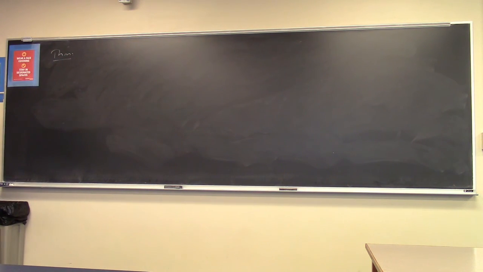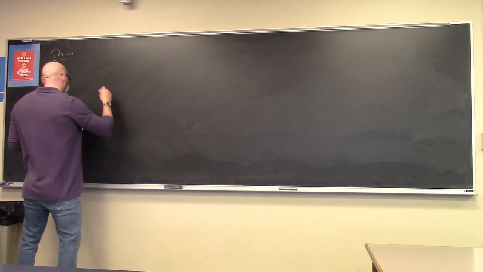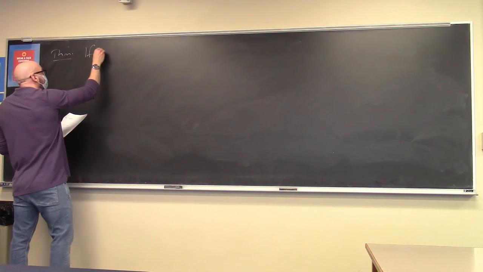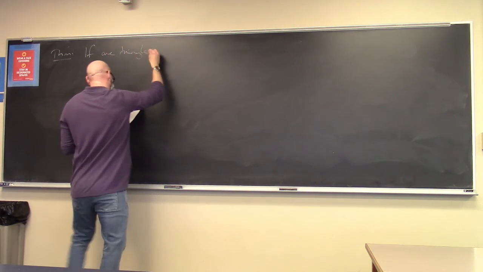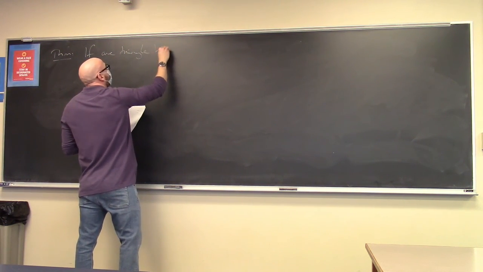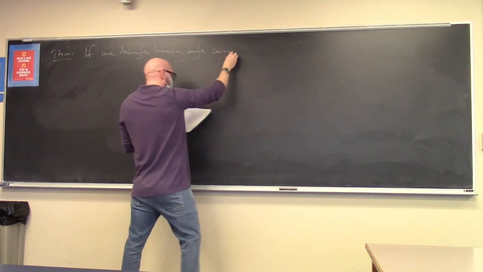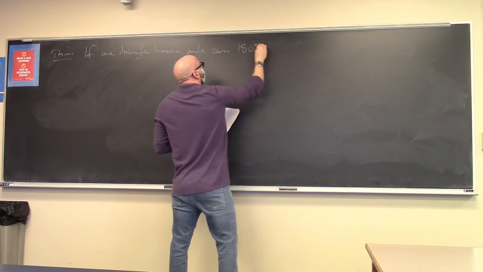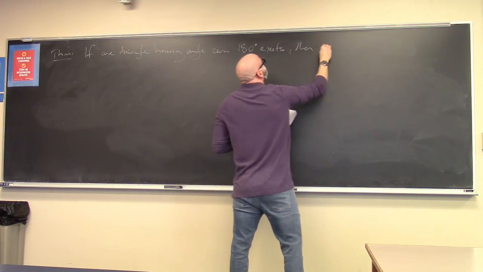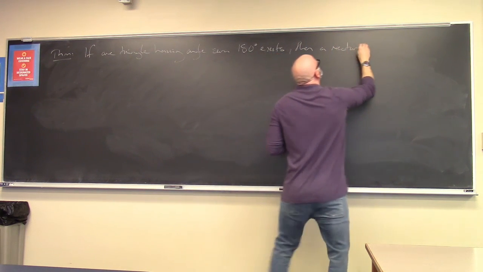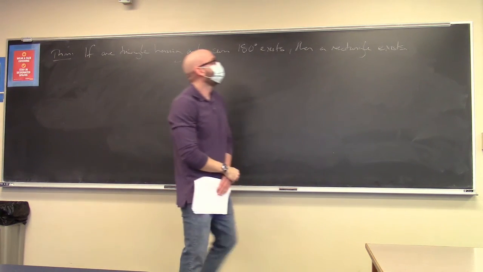So we just had if one rectangle exists and every triangle has an angle sum of 180, right? The opposite is also true. So if one triangle exists, having angle sum 180 exists, then a rectangle exists.